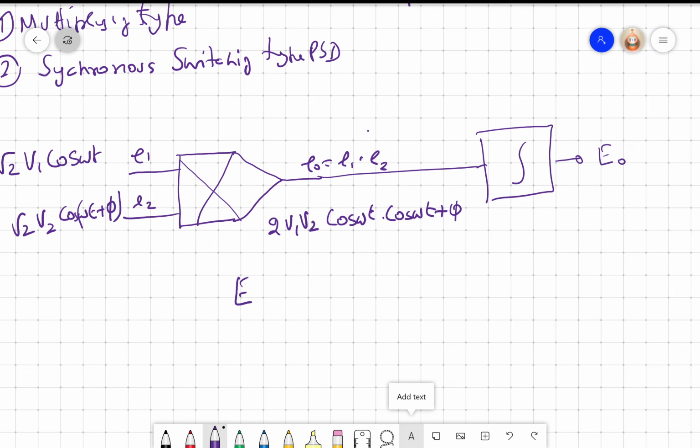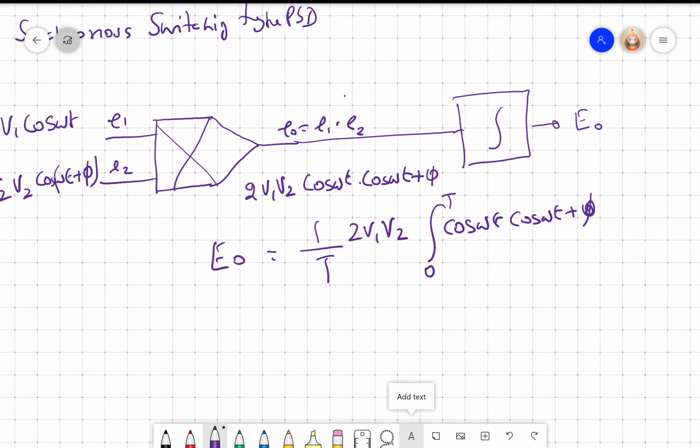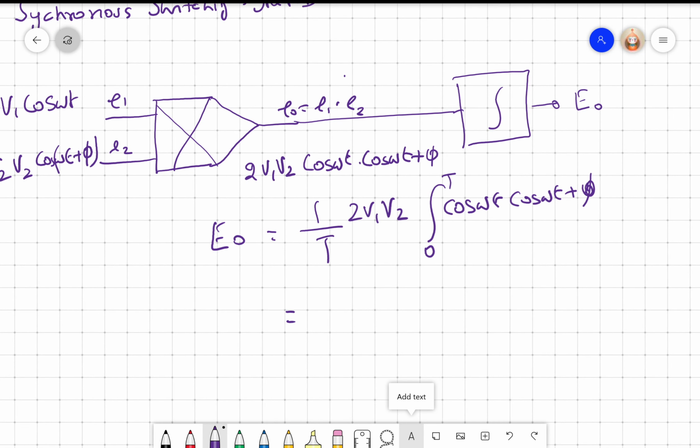So E naught I can put, because it's a repetitive function, I put an integrator, it will become automatically 1 by T into 2 V1 V2 integral 0 to T cos omega t into cos (omega t plus phi). So this would be 2 V1 V2 by 2 cos omega t by T, right?